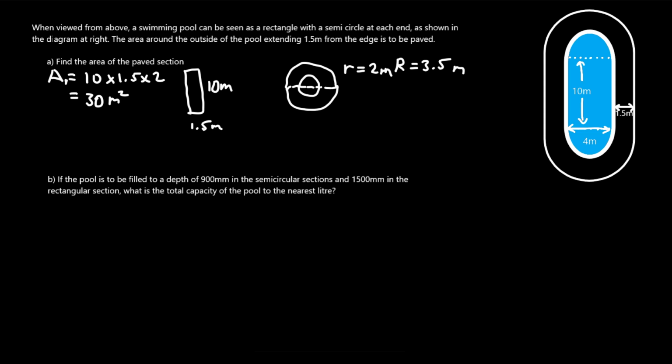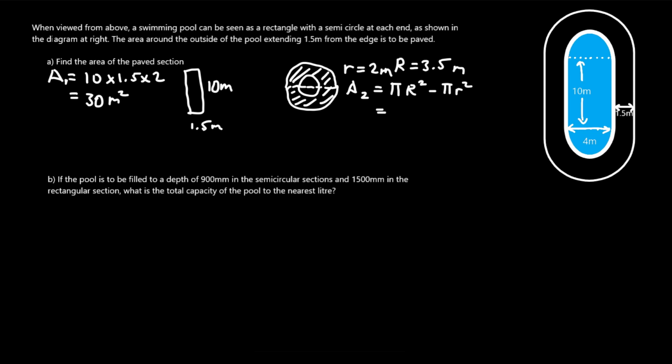Now if we look at our semicircle, we want to get the shaded area on the outside, because this bit is getting paved and the internal section is just the pool. So area 2, that's going to be the area of this shaded section. So if we worked out the area of the larger circle and we took away the area of the smaller circle, we'd have our shaded area. So that would just be pi capital R squared minus pi little r squared.